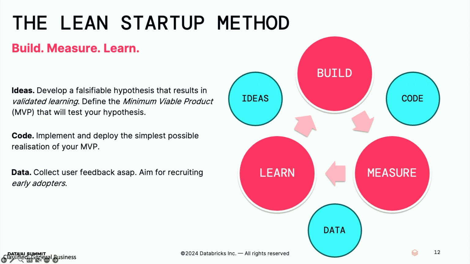Because these users don't care if the design is nice, and they don't care if everything already works seamlessly. But if you're solving like 70 to 80% of their problem in a way that is easier for them than their current workaround solution, or no solution at all, then they will be happy to test your product.